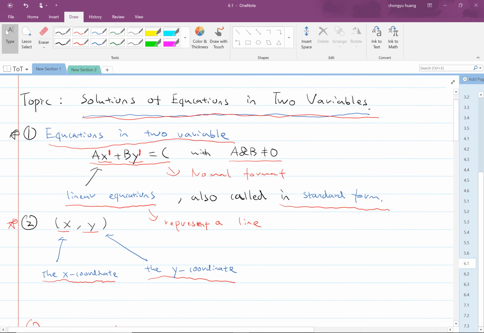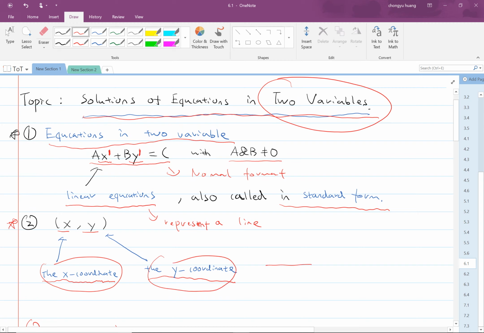To give you an idea, since we have two variables, we have an x coordinate and a y coordinate, so we have something like this.